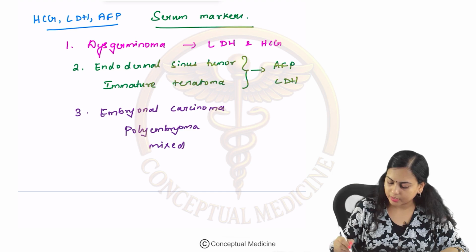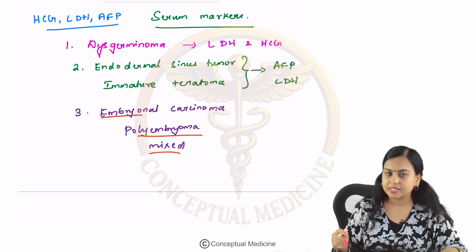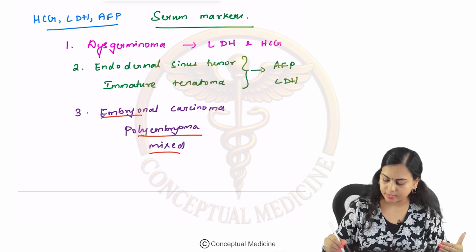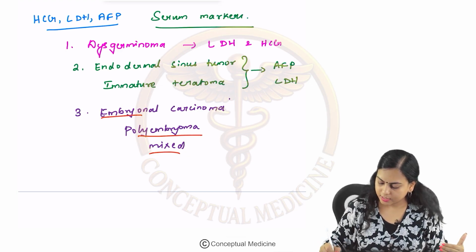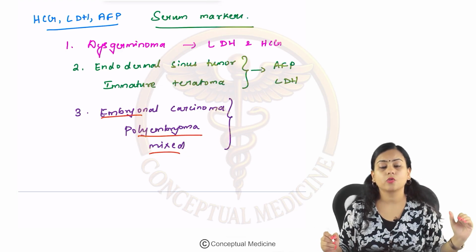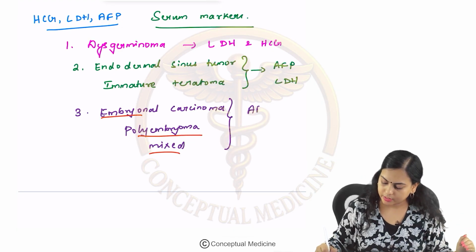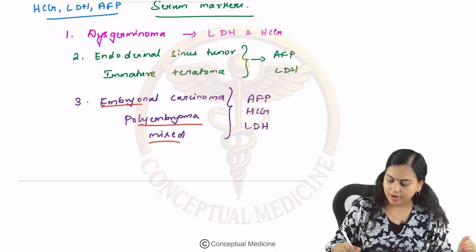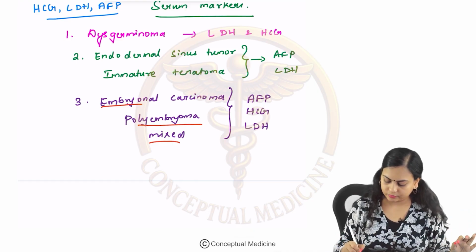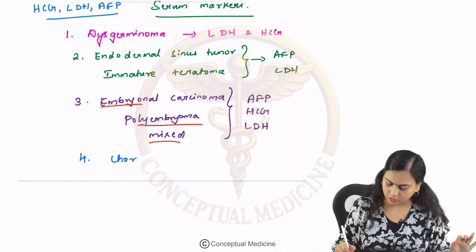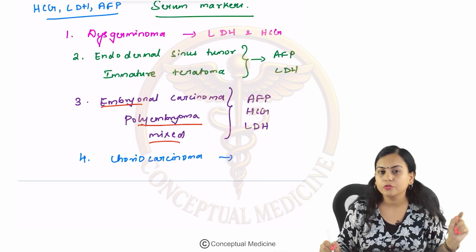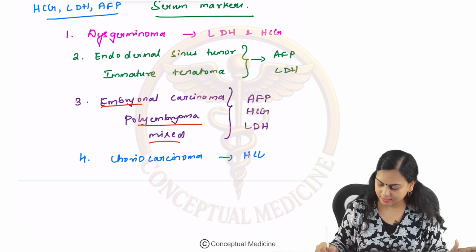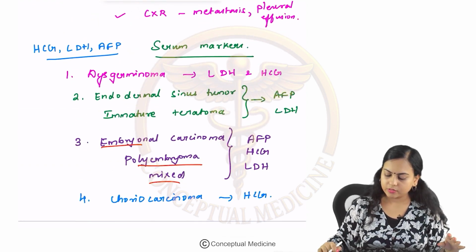Okay, wherever you get embryonal or mixed, that means many cell types are present, then these types will be showing positivity to all the three tumor markers, that is AFP, HCG as well as LDH. Okay, and one tumor, especially choriocarcinoma, will be positive only to HCG, right? Yes. So that's all. So this is all about serum markers.